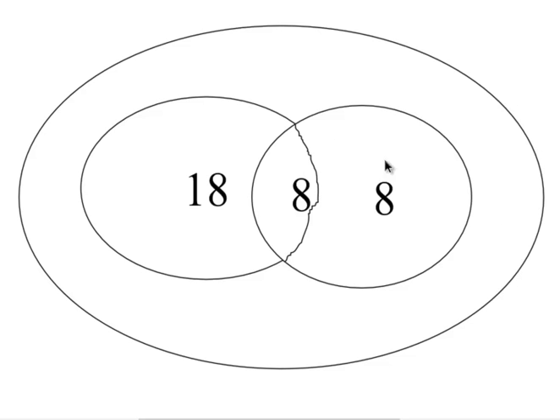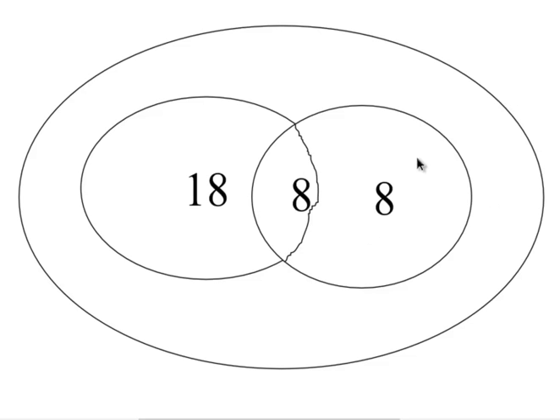So here we have a messy Venn diagram. So there are 26 red cards which are in this bigger oval. 18 plus 8 is 26.